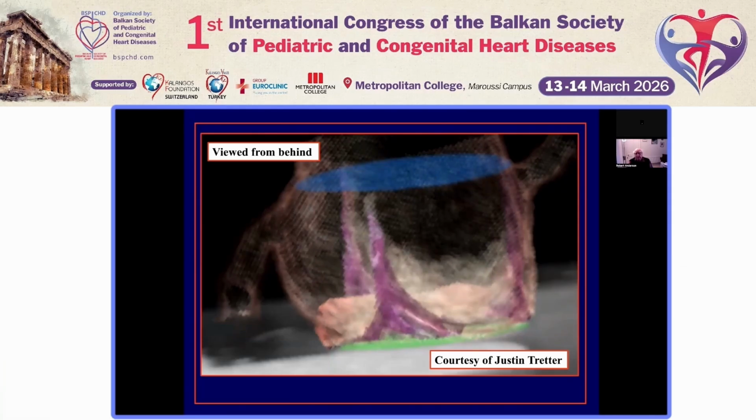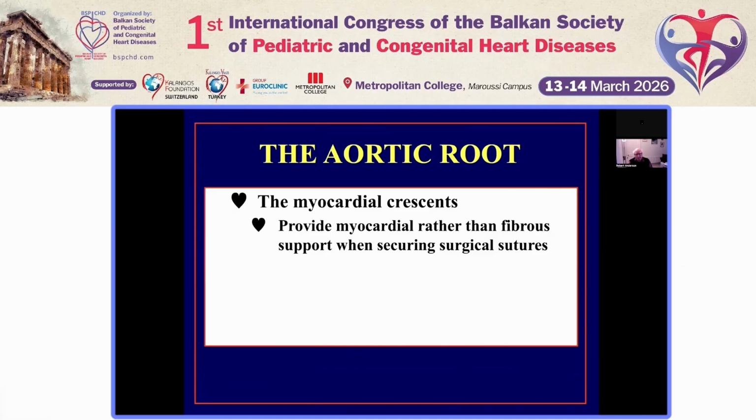In another of the computed tomograms prepared by Justin, looked at from behind, we see the interleaflet triangle between the non-coronary and the left coronary sinuses, and looking towards the front of the aortic root, we see those myocardial crescents that form the basis of the two leaflets that give rise to the coronary arteries.